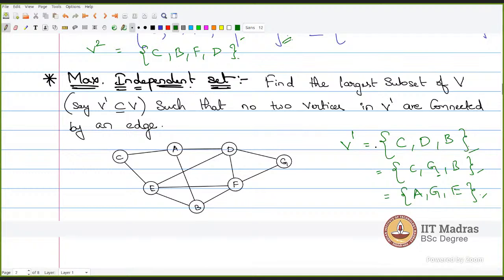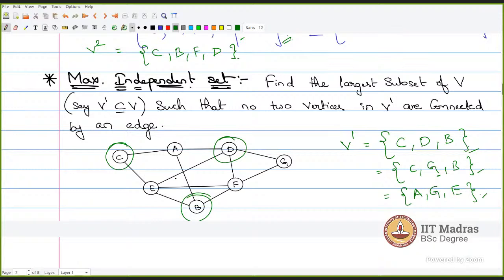Now if you see C, D, B, C doesn't share an edge with D, C doesn't share an edge with B, and B doesn't share an edge with D. I can only find 3 vertices; there will not be any fourth vertex that I can bring into this set.